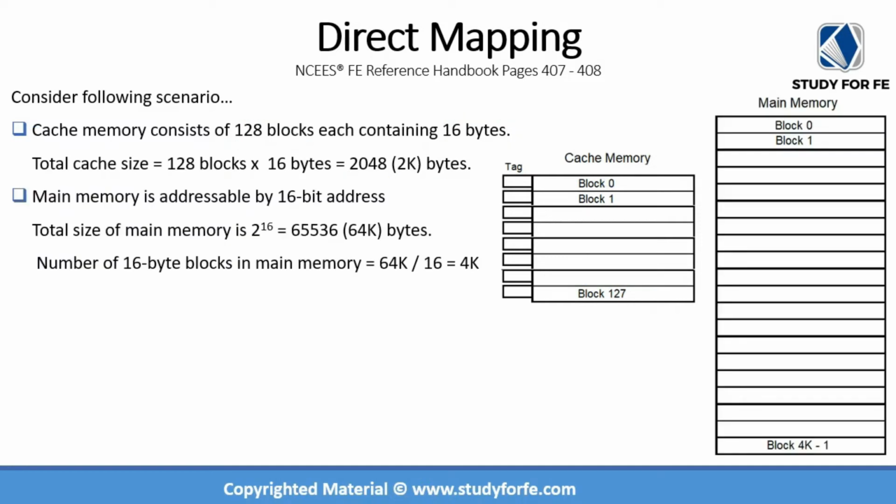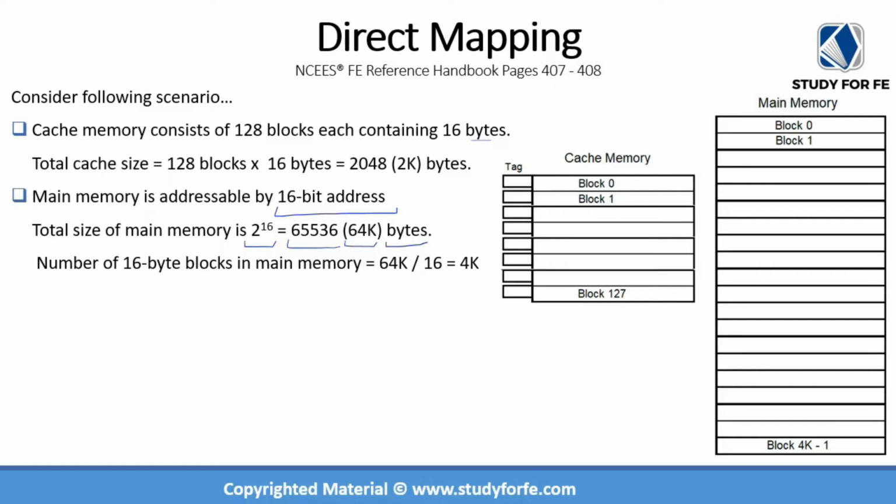Now, what about our main memory? If the question tells you that the main memory is addressable by a 16-bit address, then it basically means that the size of the main memory is equal to 2 raised to power 16. So 2 raised to power 16 is 65536, which is 64k bytes. And each address is 1 byte.